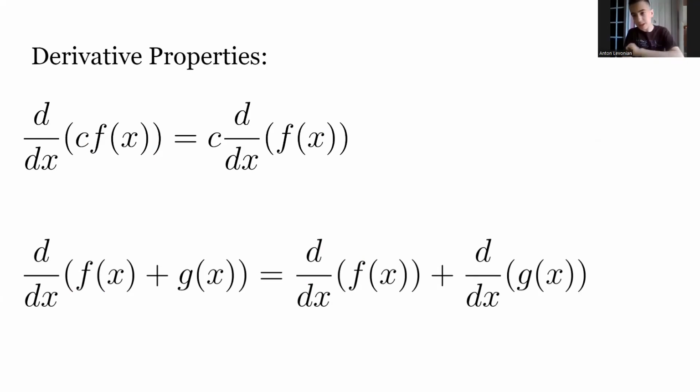The second property is saying that derivatives are additive. This means that if you take two functions, add them together, and take the derivative function, that will be equal to the sum of the individual derivative functions. Sometimes a mathematician would call a function that satisfies these two properties linear. It's not a linear function; it means it has certain properties that linear functions also have.